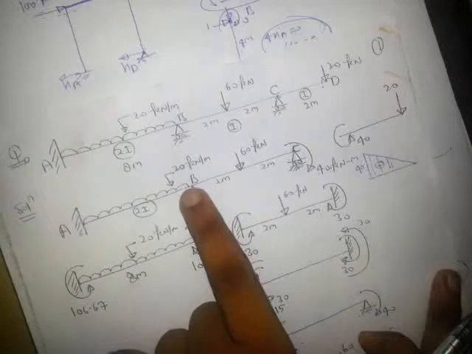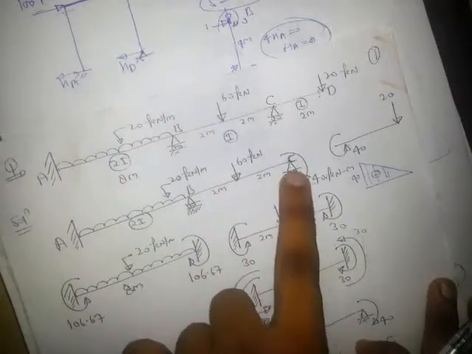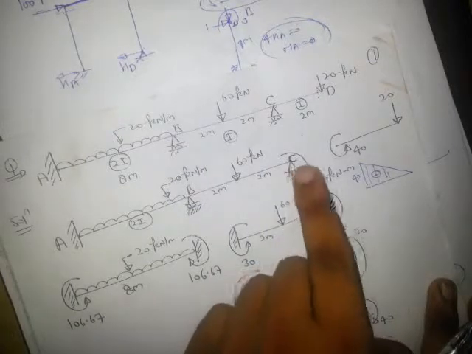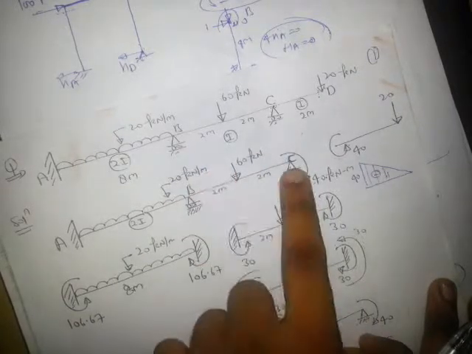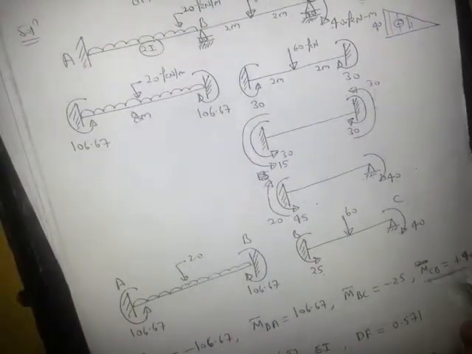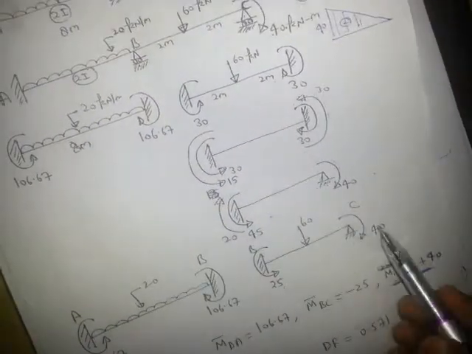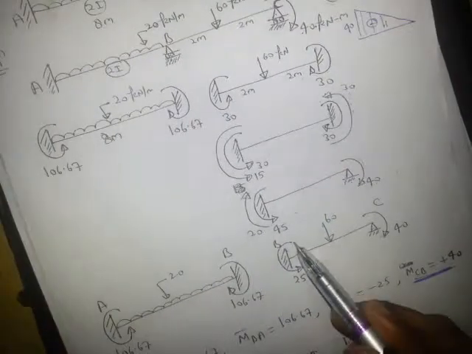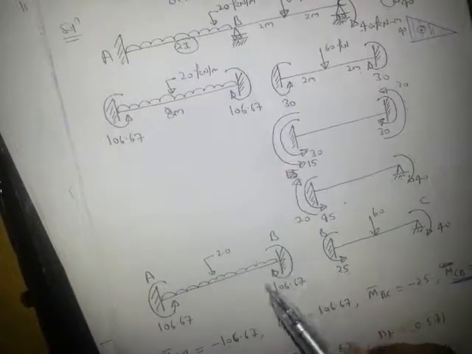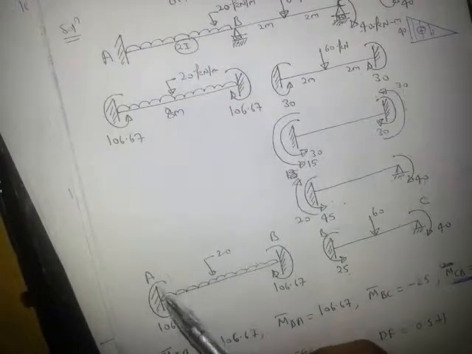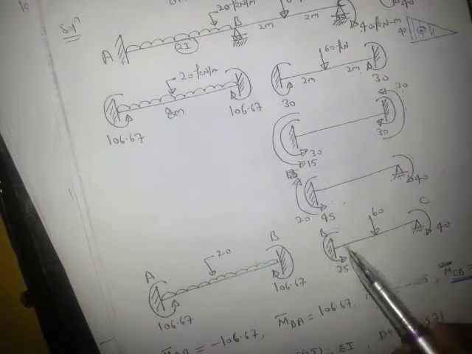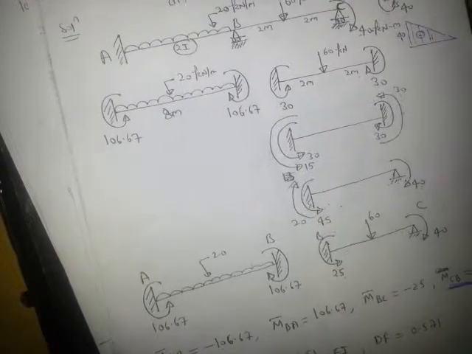Now I will write the equation for this MBC. I know MCB is plus 40, or if this 40 was not present, MCB would be 0. Now MCB is plus 40, right? We need to calculate MBC, MBA, MAB, the corrected ones. What I have is M bar AB, M bar BA, M bar CB, M bar BC, but I need MBC, MBA, MAB, right?